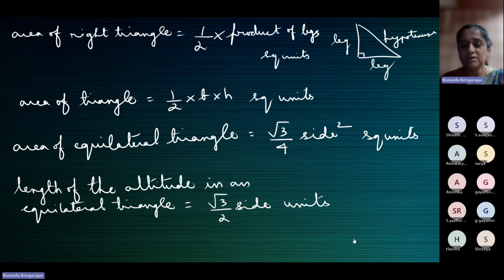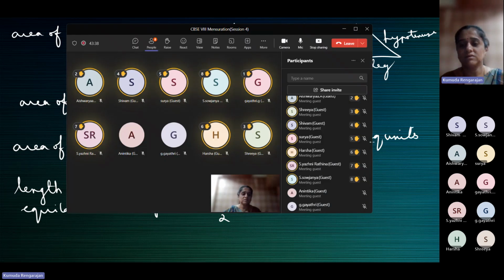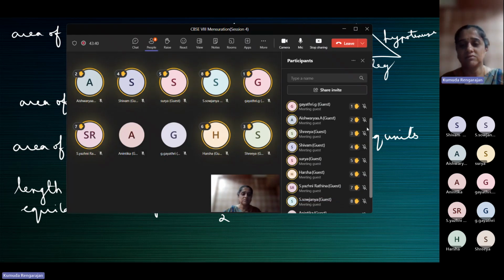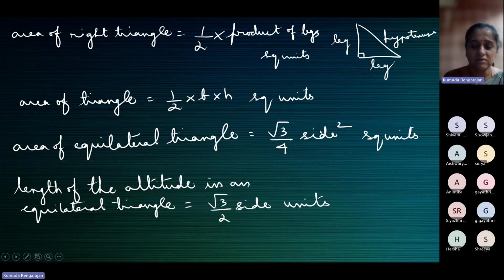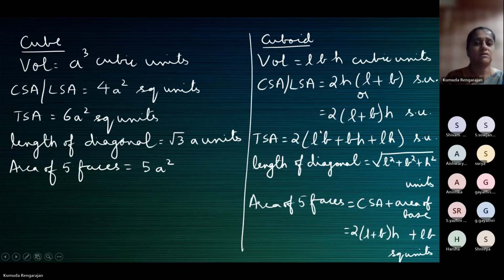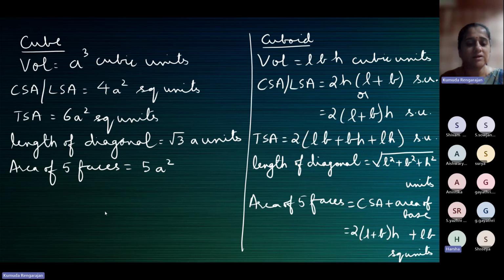When I started the meeting, I did not see Harsha. Harsha and Anintika, from where did you join, both of you? Ma'am, I joined about 7:30. We started from here.